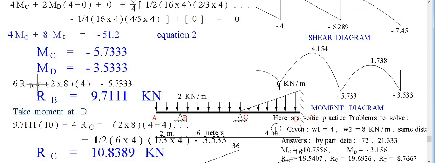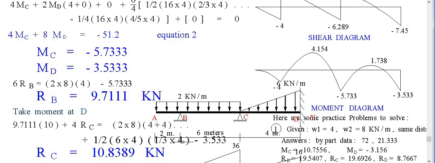Okay, the equality here, so we can solve RB as 9.711 kilonewton. Now RB has the actual value of positive 9.733.